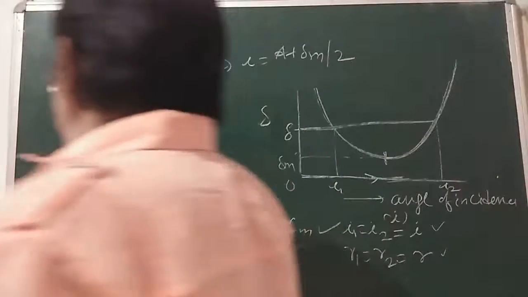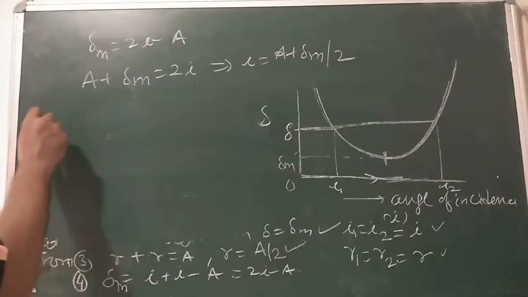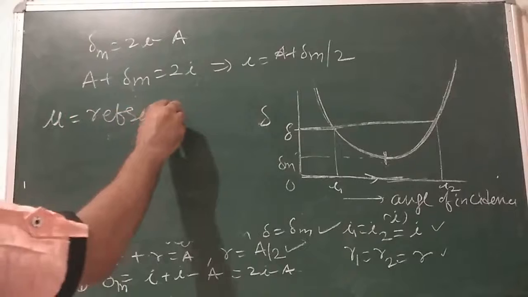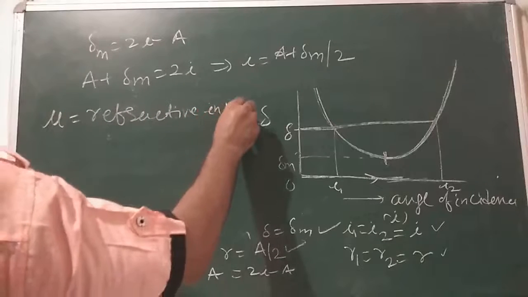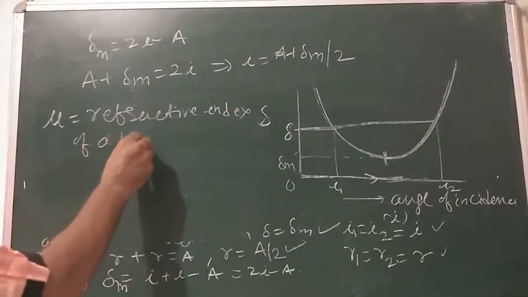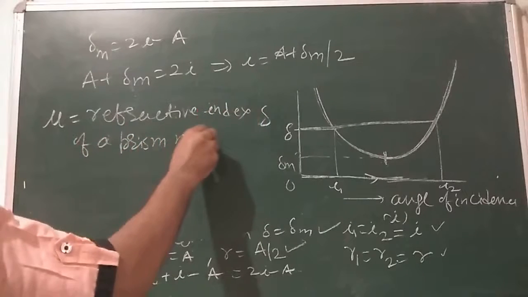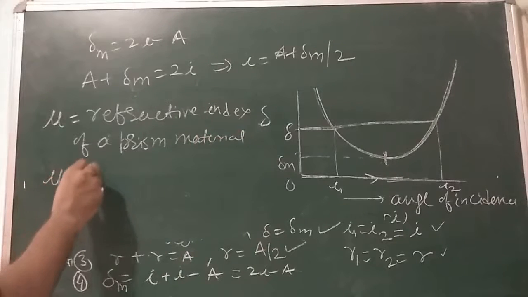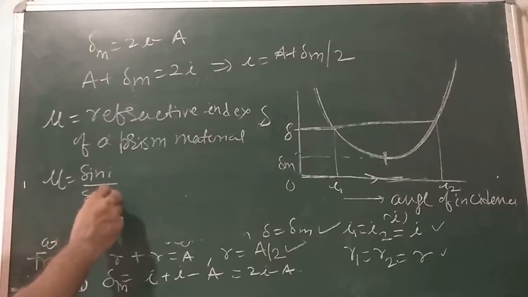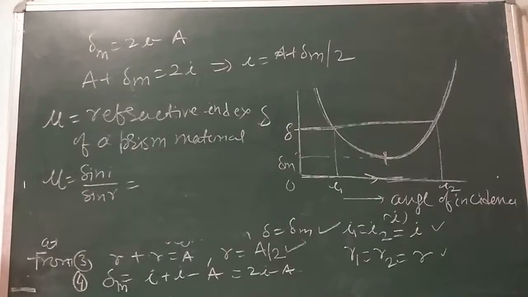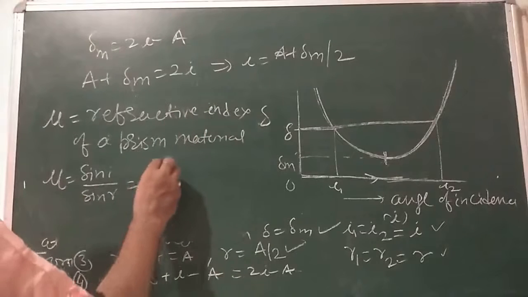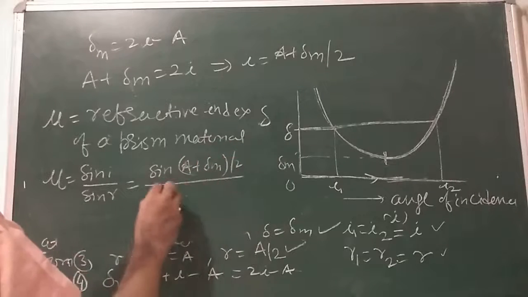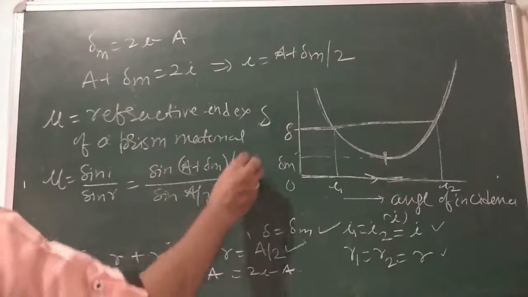According to the law of refraction of light, we know very well, the refractive index of a prism material, mu, is equal to sine of I divided by sine of R. Put the value of I and R, just we calculated: sine of A plus delta M by 2 divided by sine of A by 2.